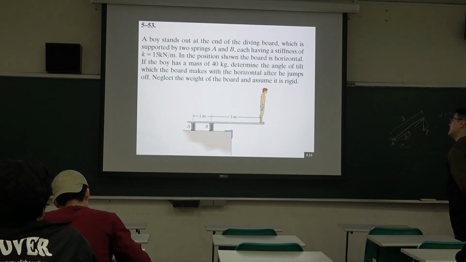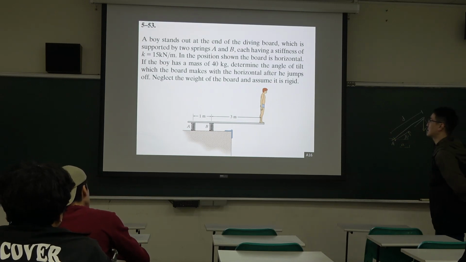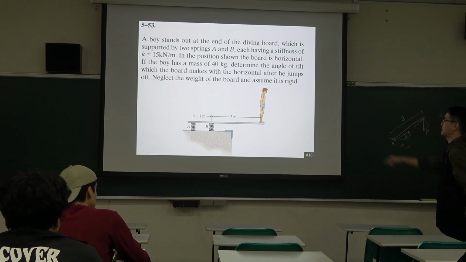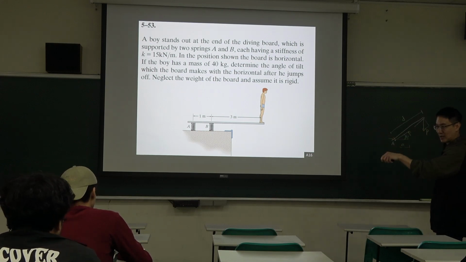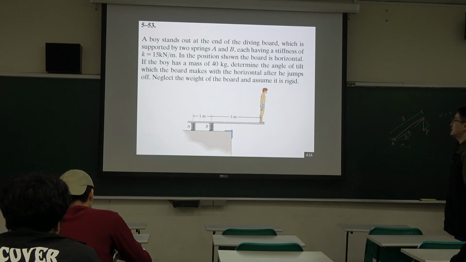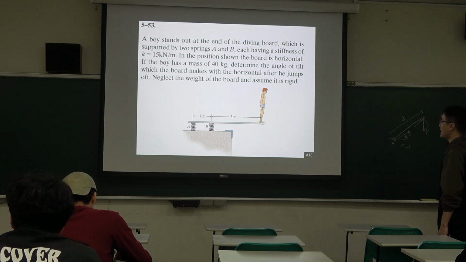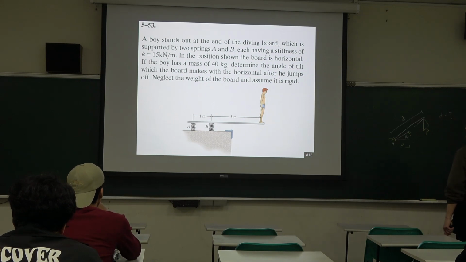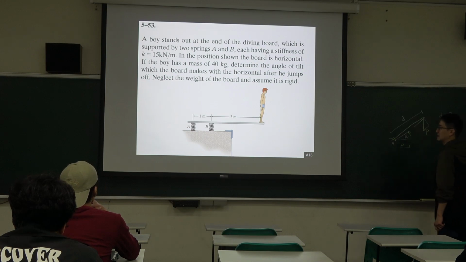In the position shown, the board is horizontal. So, if the boy's mass is 40 kilogram, determine the angle of tilt which the board makes with the horizontal after he jumps. Ignore the weight of the board.